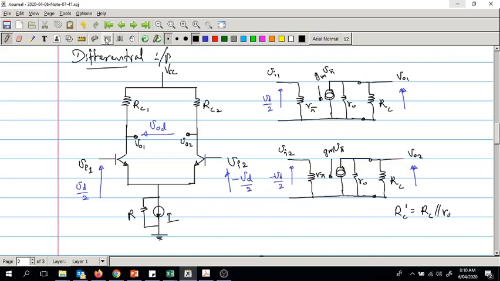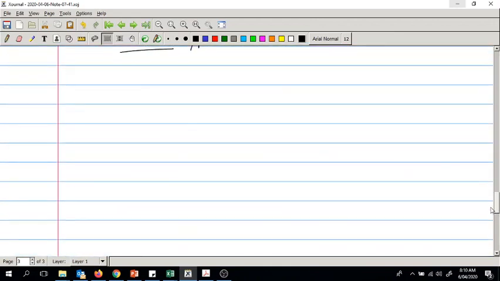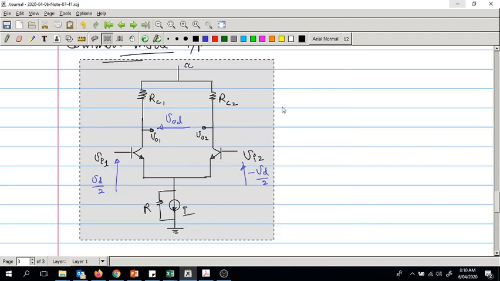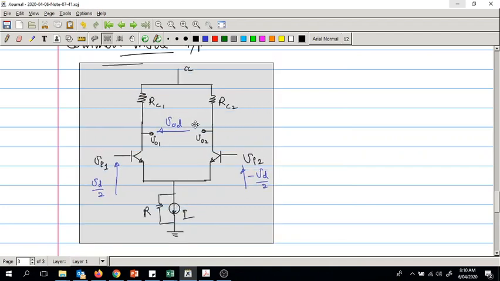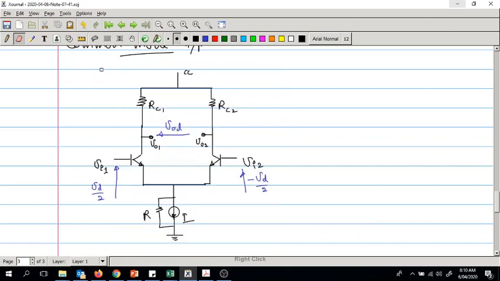I'm going to copy this circuit for my simplicity, for my benefit, and paste it in here. So we can delete the unnecessary stuff. So this is not the case now, right?